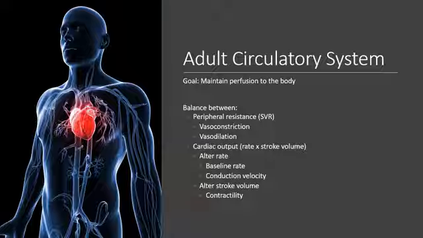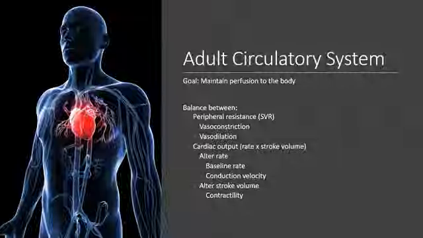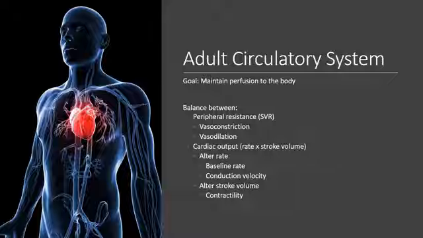And then our cardiac output, which is a combination of the rate times the stroke volume. And so in order to alter the cardiac output, we can do a couple different things. We can either alter the rate. Remember, you've got your baseline rate, which is going to be impacted by the autonomic nervous system, in terms of the sympathetic nervous system is going to increase the heart rate or decrease the heart rate. We can also increase or decrease the conduction velocity.